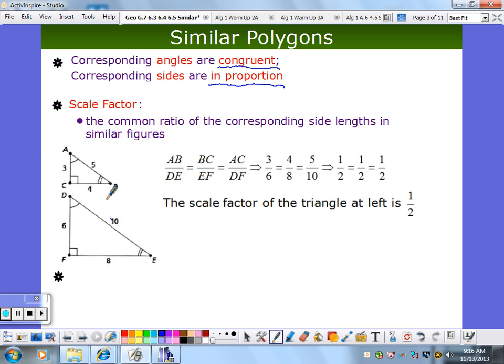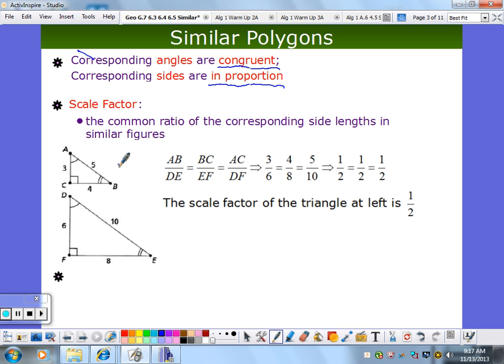So here I've got two triangles, and I see all the angles are congruent. That's good. Its corresponding angles are congruent, so I'm halfway there in similarity. And then are my sides in proportion? I look at the corresponding sides, AB to DE, BC to EF, and AC to DF. What are those ratios?